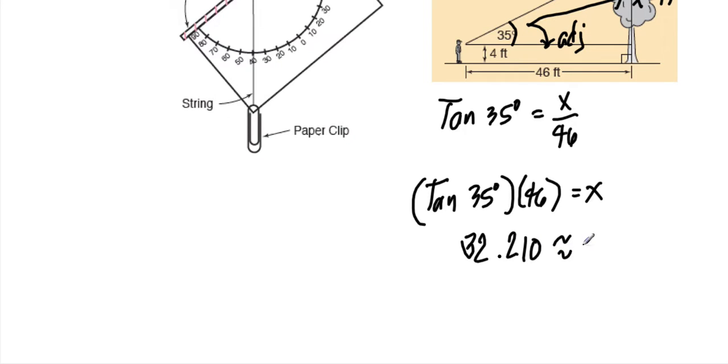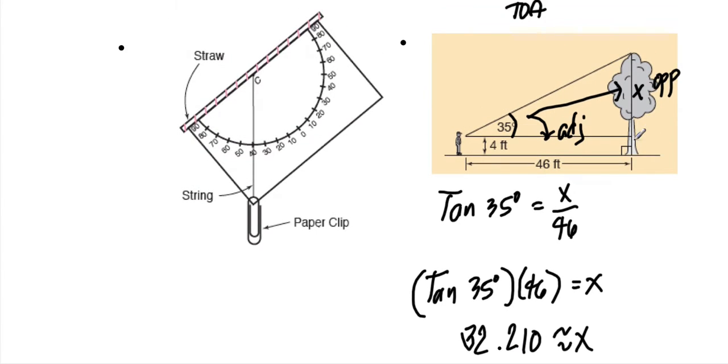Approximately equals x. Obviously, I use a calculator for this one. So the measure of the tree is 32.210 from this point right here, all the way to the top.